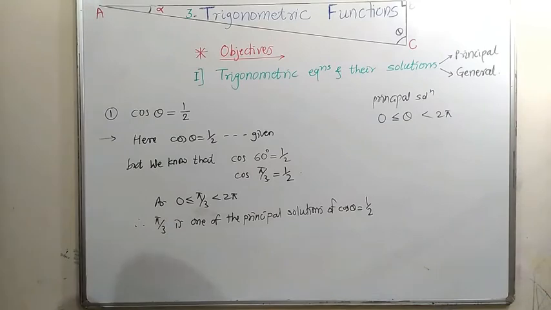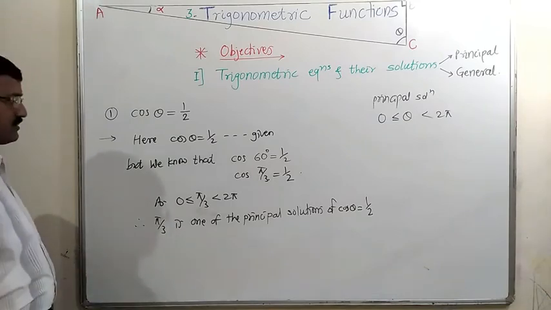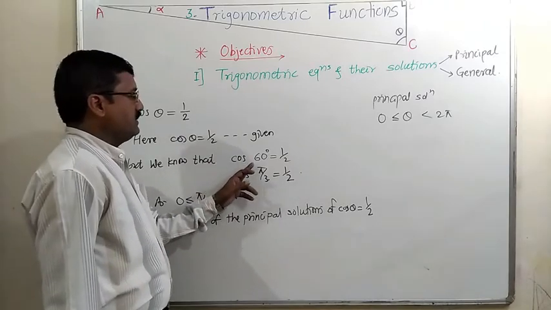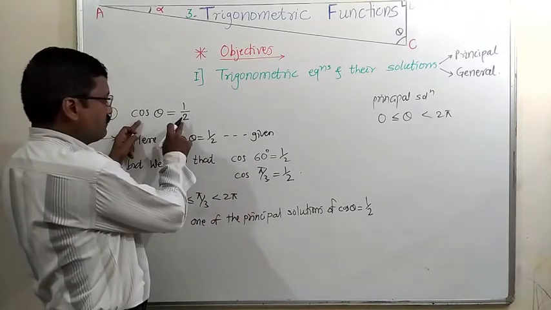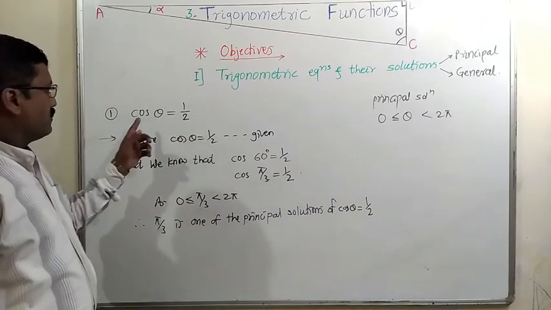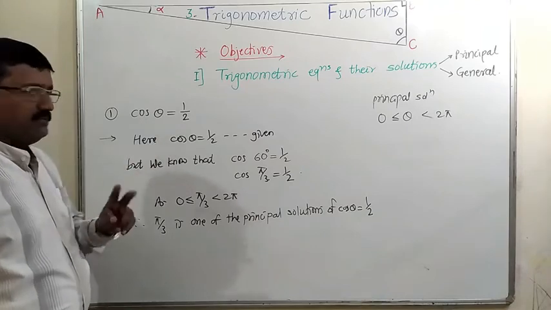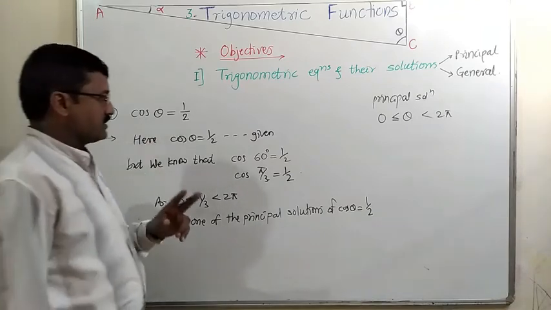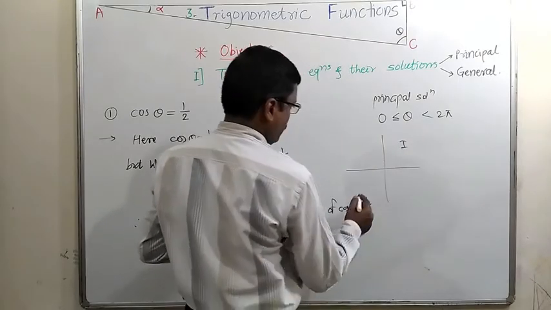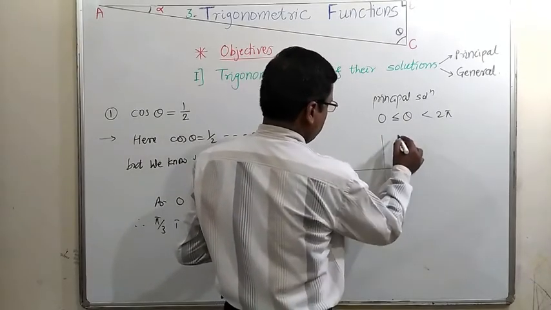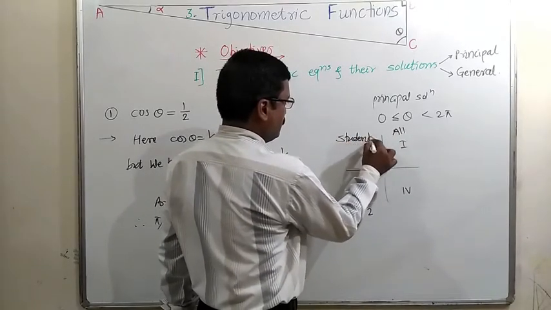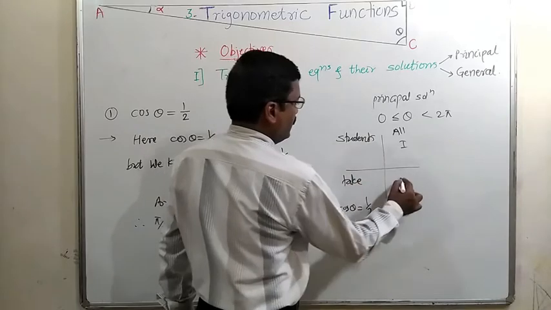Now let us move towards the second solution, whether there is a second solution or not. Also, we know that this cos theta is given positive. So you know that every trigonometric ratio is positive in at least 2 quadrants. Here cos theta is positive in the first quadrant and the fourth quadrant, because we know that All Students Take Coffee.